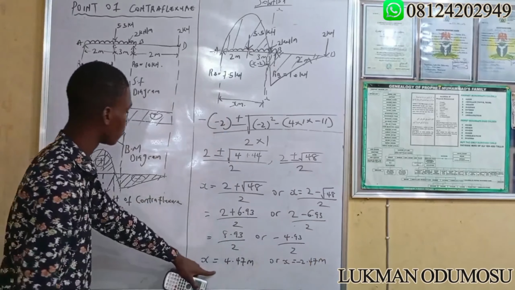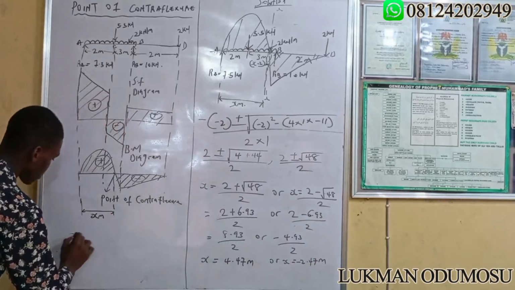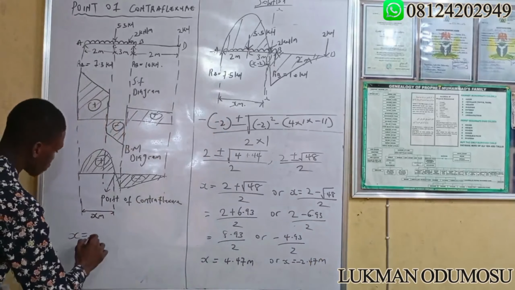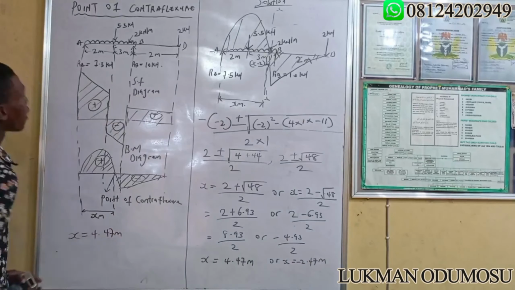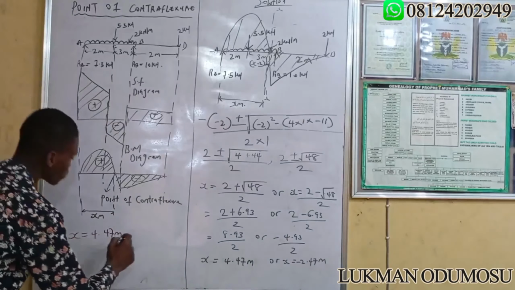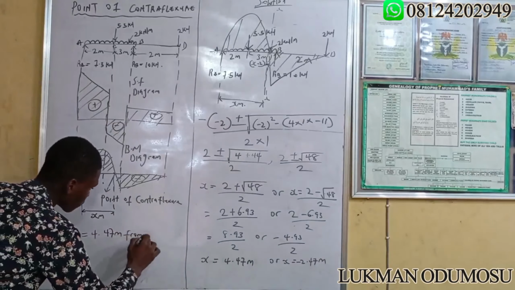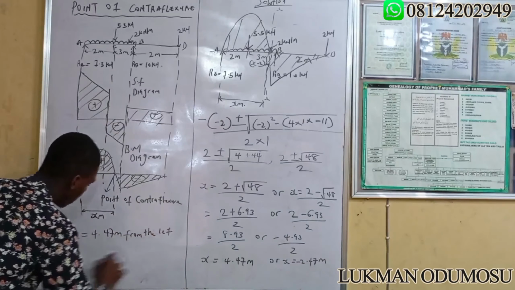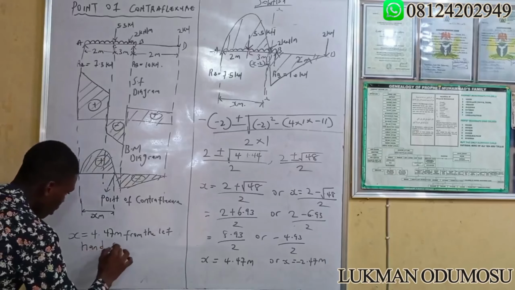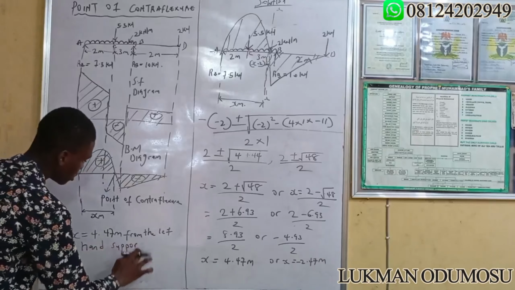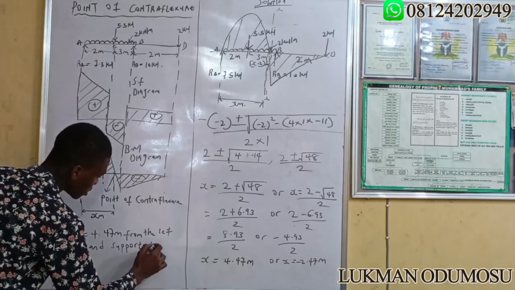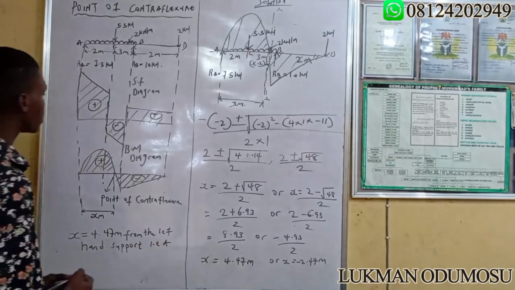So therefore the value of x in this case, which is where the point of contraflexion occurs, is 4.47 meter from the left hand support, and the left hand support in this case is A.